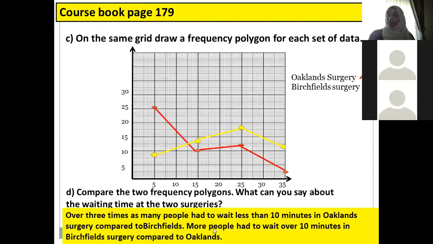Or we can say that more people had waited over 10 minutes in Pitchfield surgery. So you can draw any conclusion that you want comparing these two sets of data. As I told you, the frequency polygon shows trends and patterns through the data that we are interpreting. Okay? Now, this is the first part.